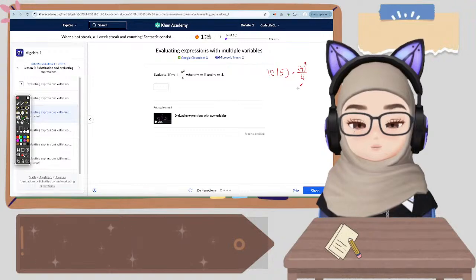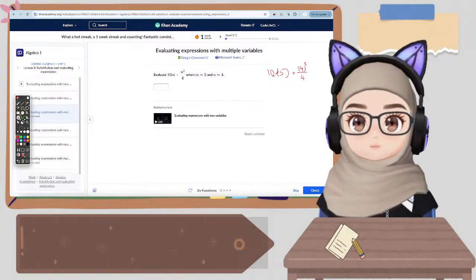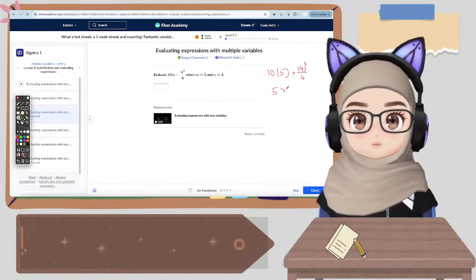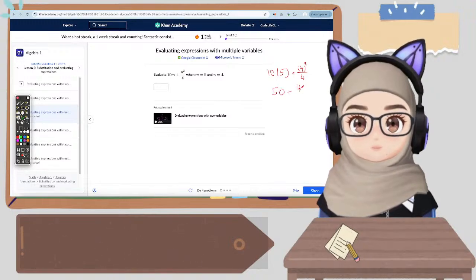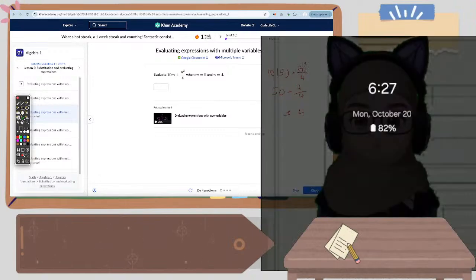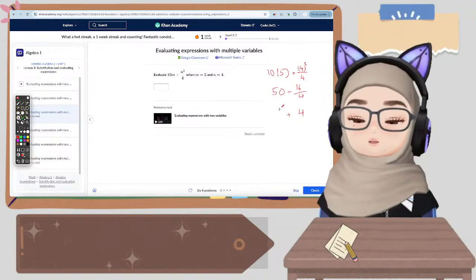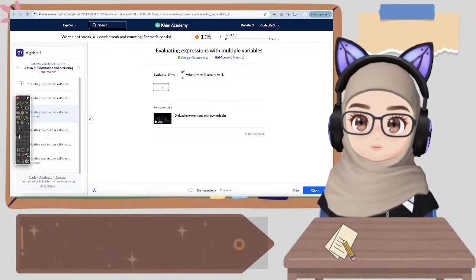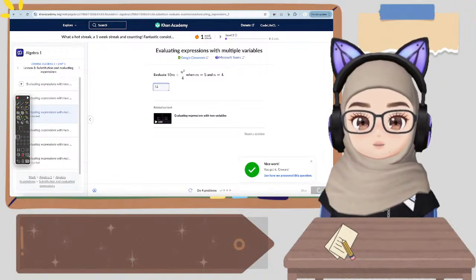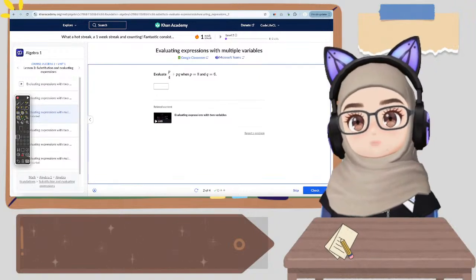So 4 squared is 16, and this side becomes 50 plus 16 divided by 4. This here becomes 4, so the answer is 54. Phew. It's been a while since I've done this. Yay. Next.